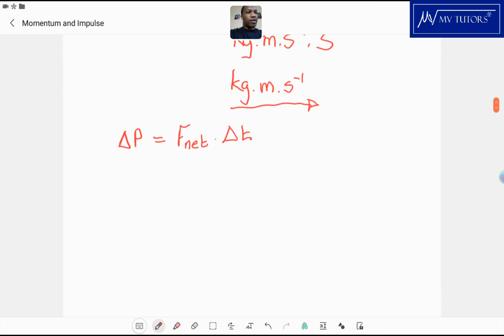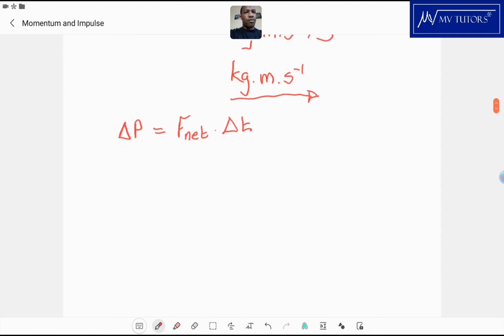Now there's one more thing I want us to talk about: the law of conservation of momentum.